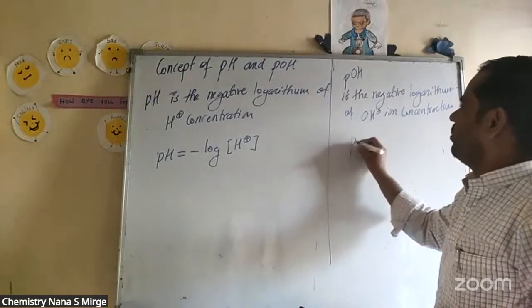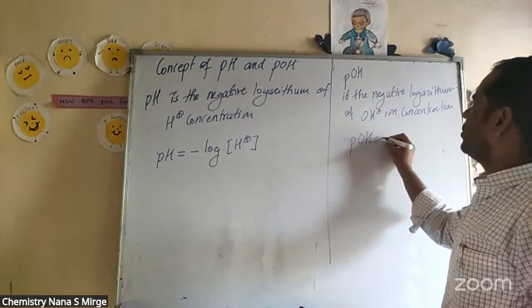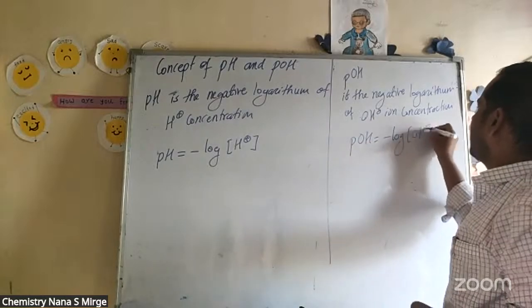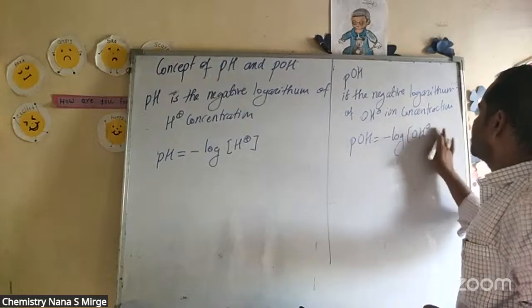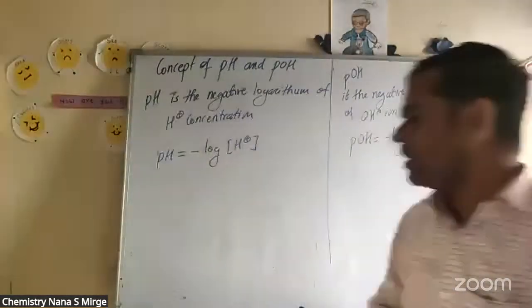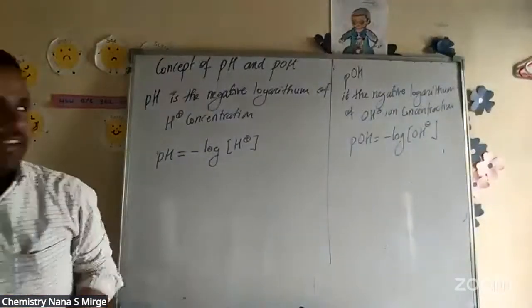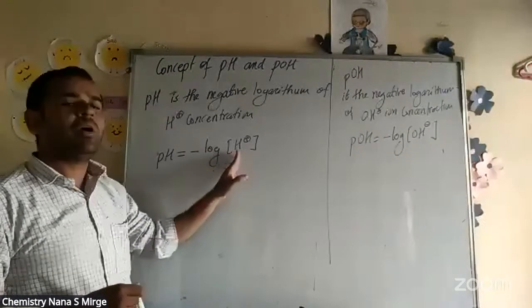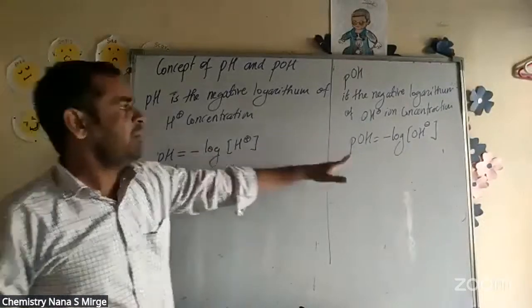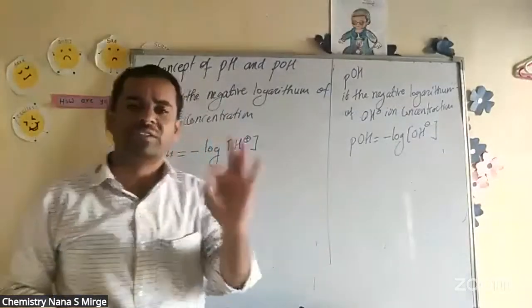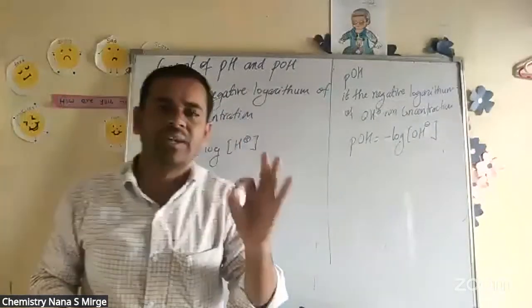That is, pOH is equal to negative log of OH negative ion concentration. That is the pH and pOH by definition. pH is the negative logarithm of H plus ion concentration, and pOH is the negative logarithm of OH negative ion concentration. Remember this definition.